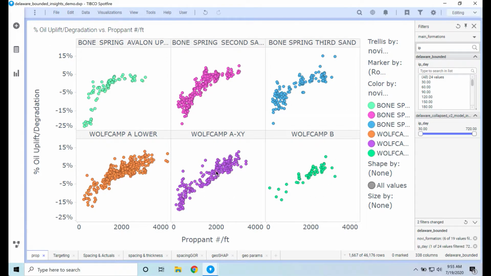You can see that the XY and the A lower both have a strong positive correlation all the way out to 3,000 pounds per foot, whereas the Bone Springs has more of a diminishing returns type slope, where you make it out to 1,700 or 2,000 pounds per foot, and it really flattens out in terms of impact beyond that. So it's great that the model is able to learn this. It gives you confidence that it's working. In this data set, these Shapley values, this transformed data, all of that is standard output for every single one of our model builds.